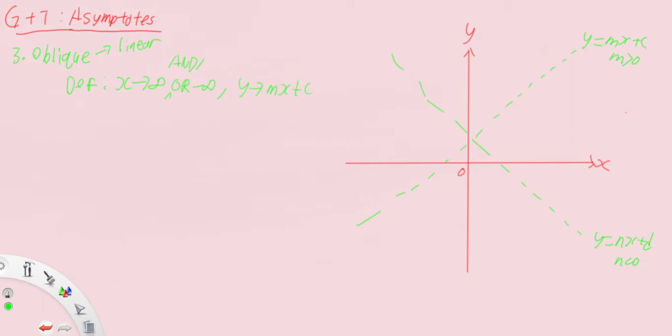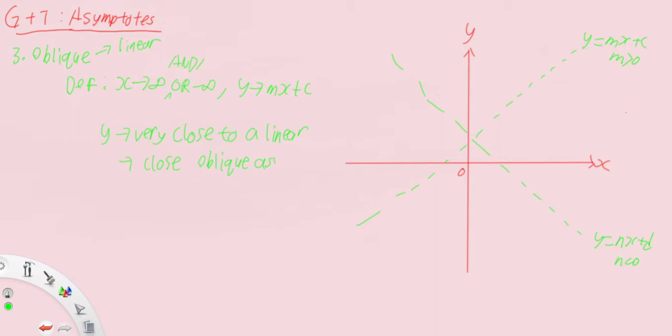Y approaches the graph of mx plus c, which means y is not exactly a linear graph, but it is incredibly similar to a linear graph. As such, your y would get very close to a linear graph, and hence close to the oblique asymptote.